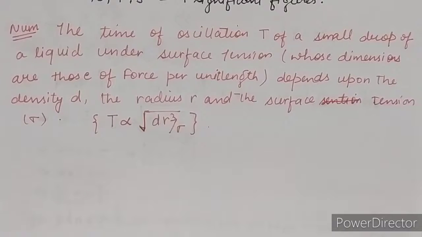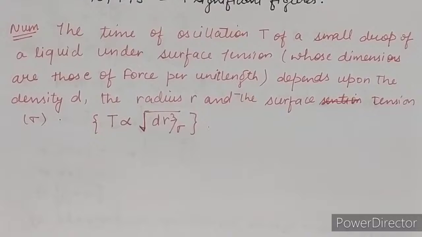I think within 2 days we will complete this chapter, because the theoretical and reading portion has been completed, and only a few numericals remain. Clear, beta? I hope you are able to understand. Just try to solve this question.